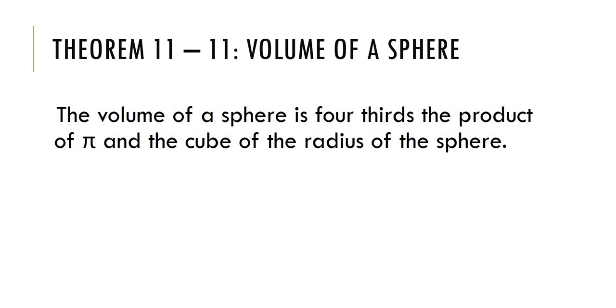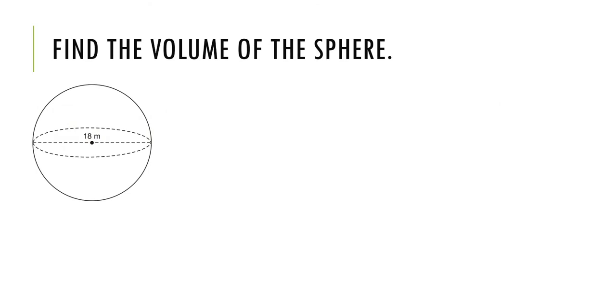Volume. The volume of a sphere is 4/3 the product of pi and the radius cubed. Remember, we need a cubed unit for volume. 4/3 pi r cubed is our expression.